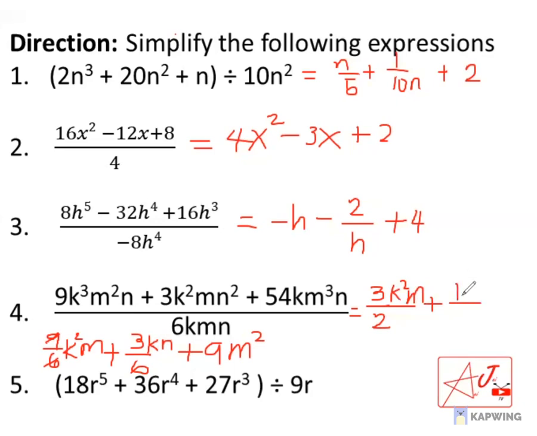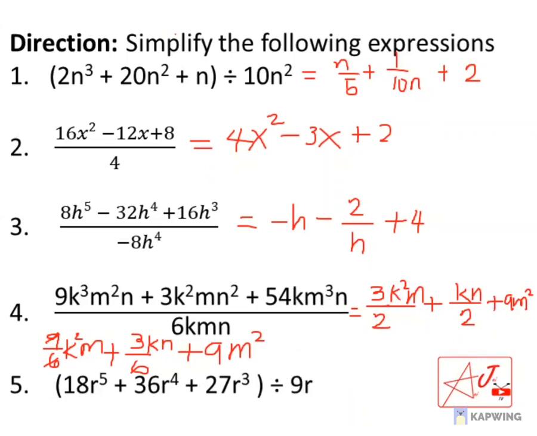So, sa ibabaw ay magiging kn na lang. Yung ilalim ay 2. Okay, and then, plus, copy natin yung last term natin na 9m squared. Okay.